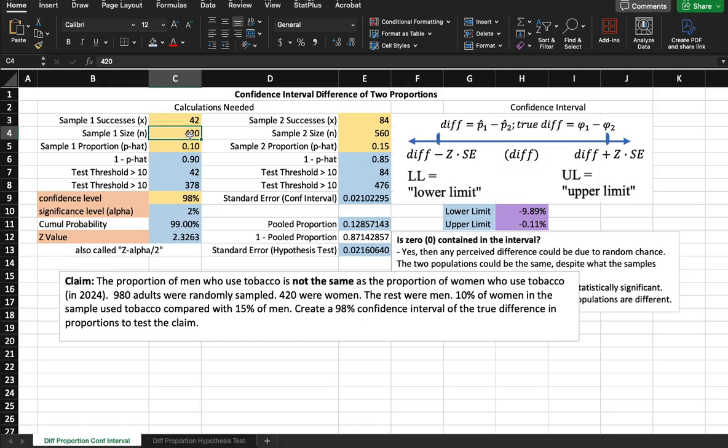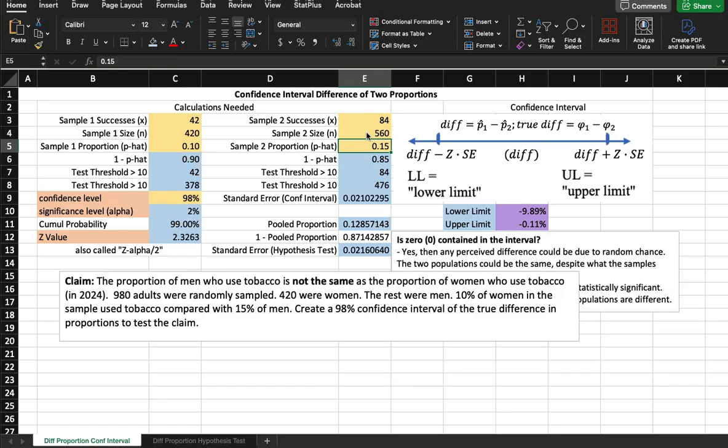Then it says that the rest were men. So over here in cell E4, I just typed equals, using Excel as a calculator at that point. I typed 980 minus 420, just to get the number of men in the sample.